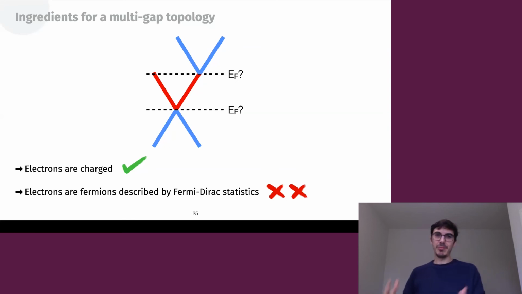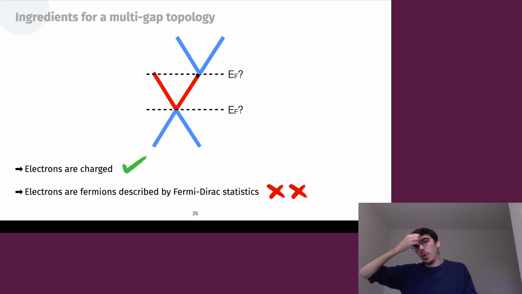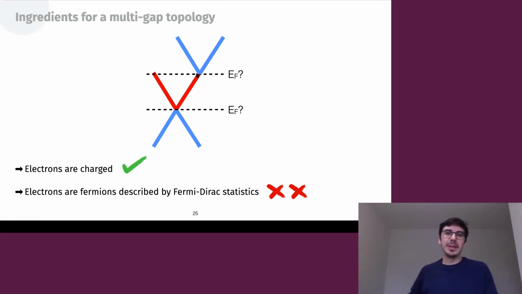But it's really hard to fully exploit this because we would need two Fermi levels: a Fermi level at the crossing point in one gap, and another at the crossing point in the other gap. The fact that fermions exhibit Fermi-Dirac statistics with a single Fermi level means it places strong limitations on how we can probe multi-gap topology. So that's a big negative for studying this exotic physics in electronic systems.